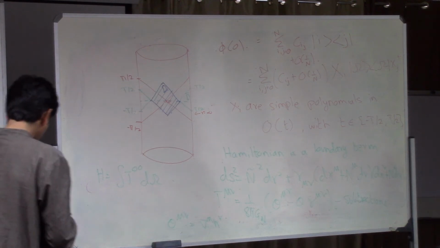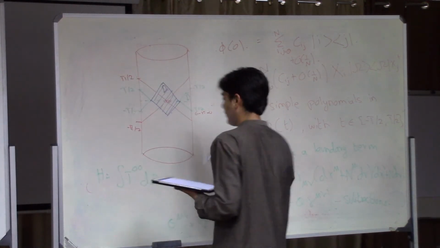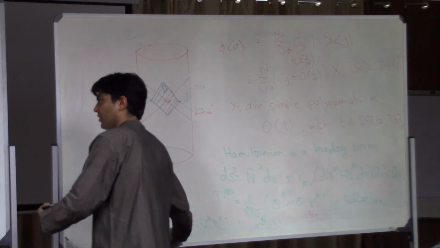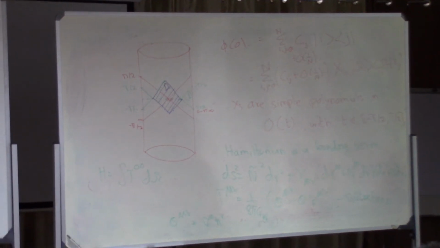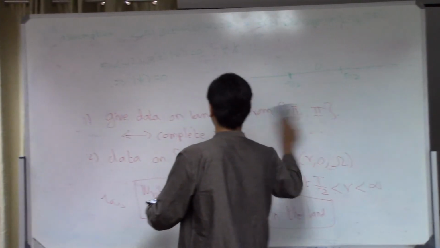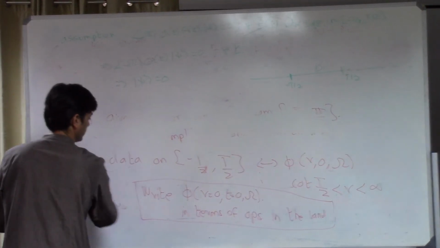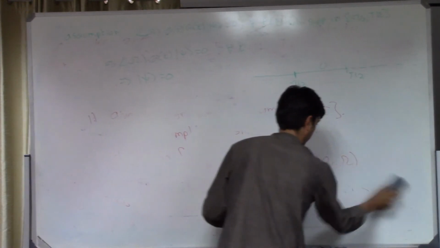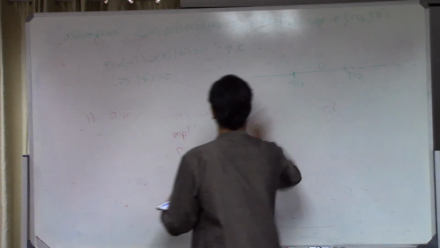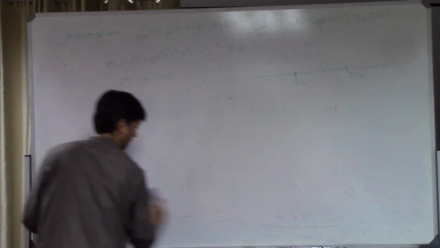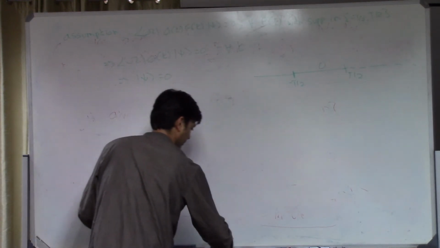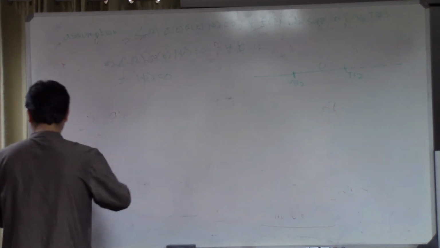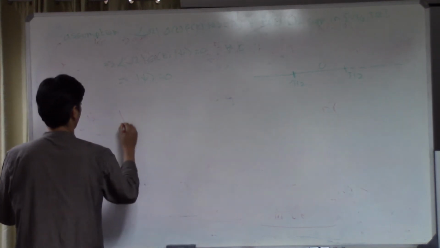Okay, good. So now we've said something about gravity, and so here's what the next statement is, that this projector in the vacuum we can write in terms of the theory of gravity in the following way.